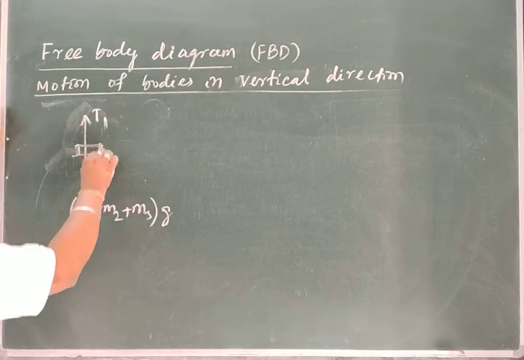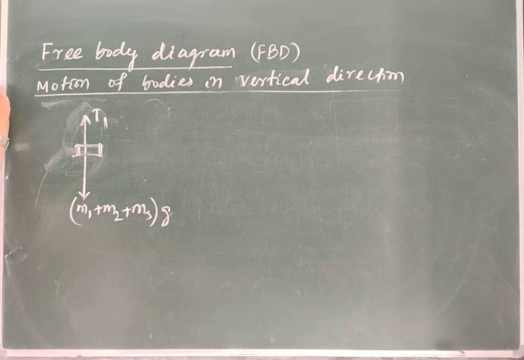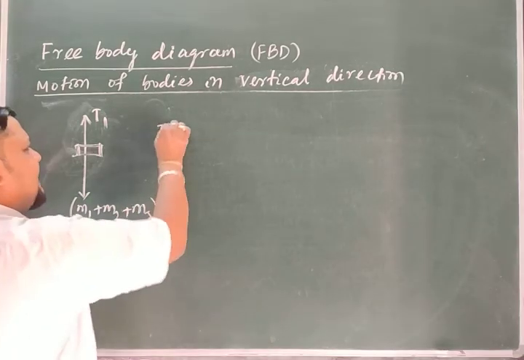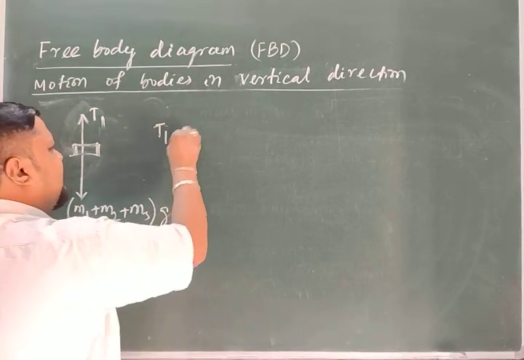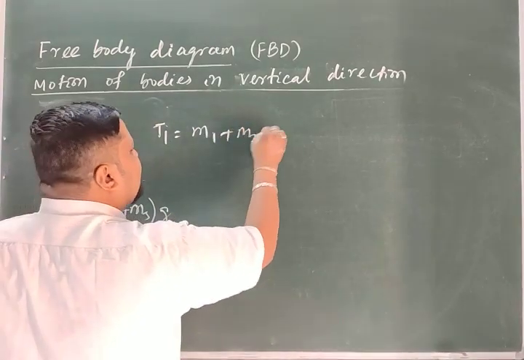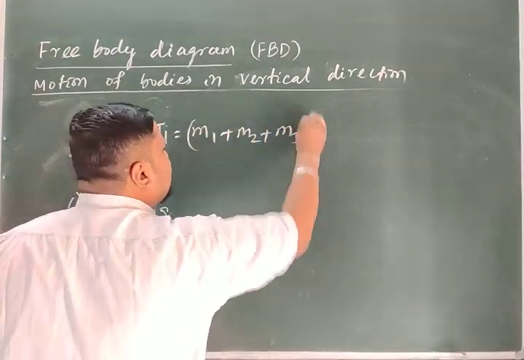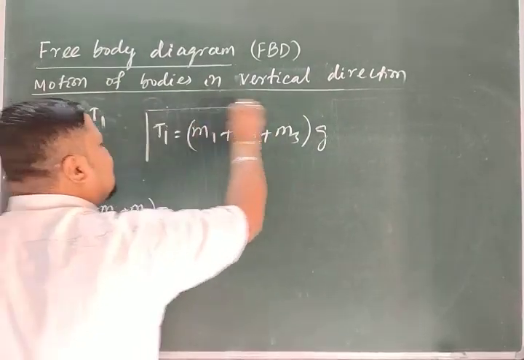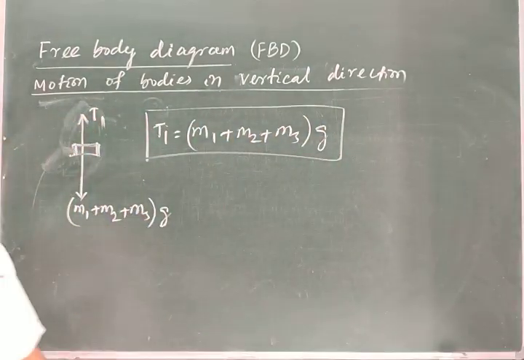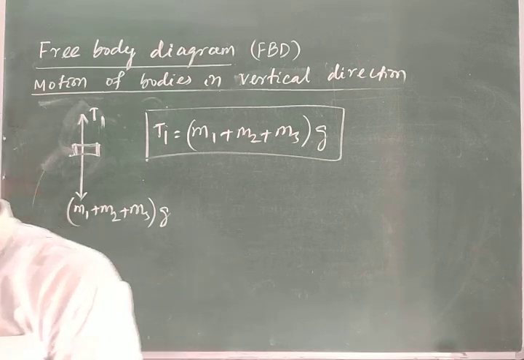So consider this is a mass of M1 plus M2 plus M3. So if it is wholly stationary, I can write this T1 should be equal to M1 plus M2 plus M3 into G. Got it? So this is the expression for the case of the system being stationary.